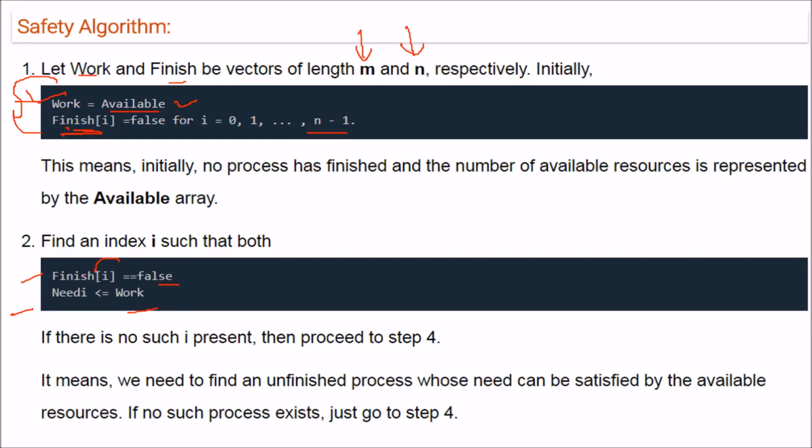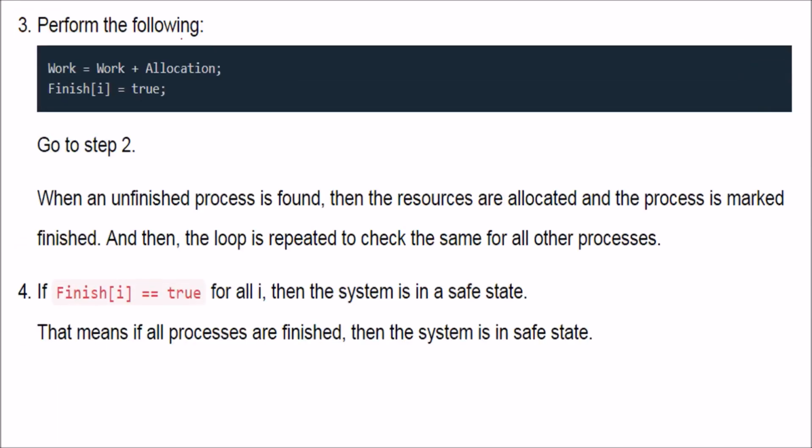If there is no such i present, then we go to step 4. It means we need to find an unfinished process whose need can be satisfied by the available resources. The process is not finished, and now we have resources that can be assigned to it. If there is no such process whose need can be completed with these available resources, we go to step 4.